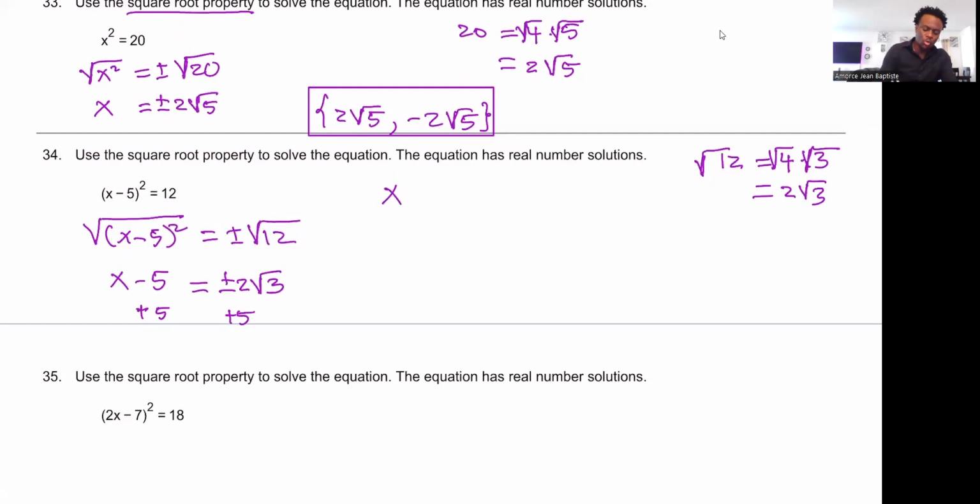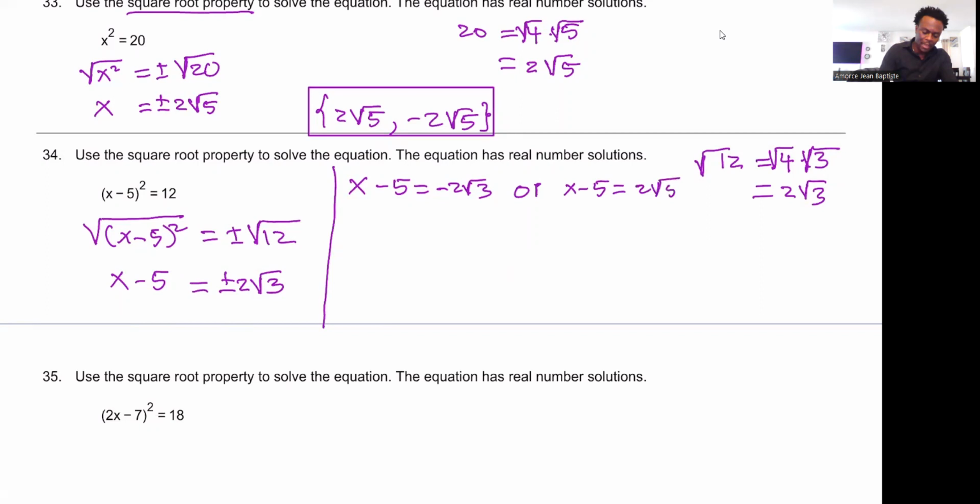That's not a bad choice, but I always like to separate my equation, since I have a plus and a minus. So I would write my equation as x minus 5 equals negative 2 square root of 3, and then create another equation with the other value, that is x minus 5 equals 2 square root of 3.